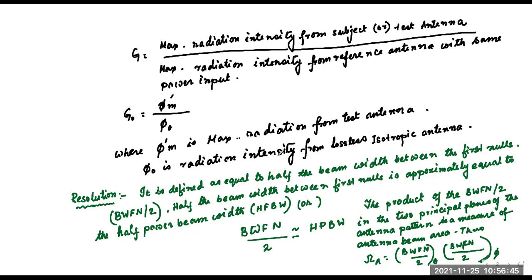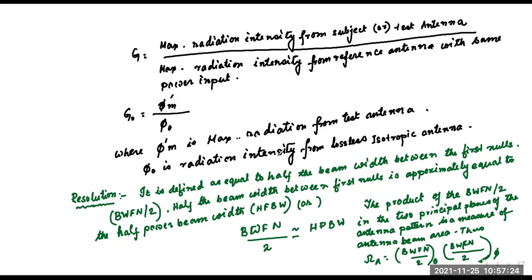Then we talk about the resolution, and we talk about what it is defined as: equal to half the beam width between the first nulls, that is BWFN by 2, and half the beam width between the first nulls is approximately equal to the half power beam width, HPBW.